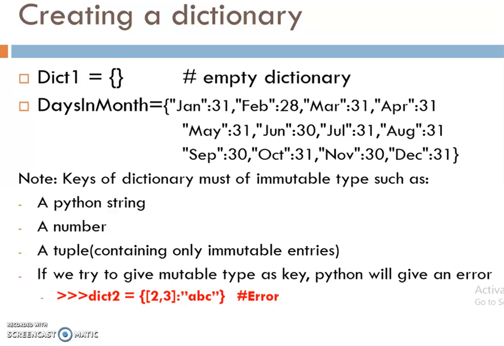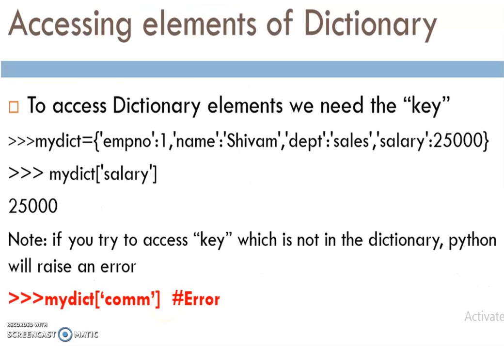Next one, to access dictionary elements we need the key. See here my dict is equal to emp number 1, name Shivam, department sales and salary 25,000. Then my dict of salary. Here we are giving the key salary to get the salary, so you get the value 25,000.